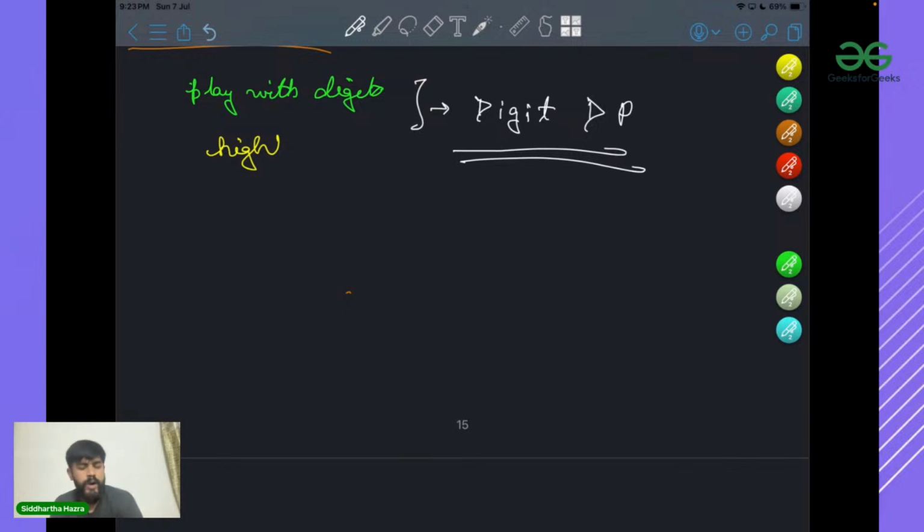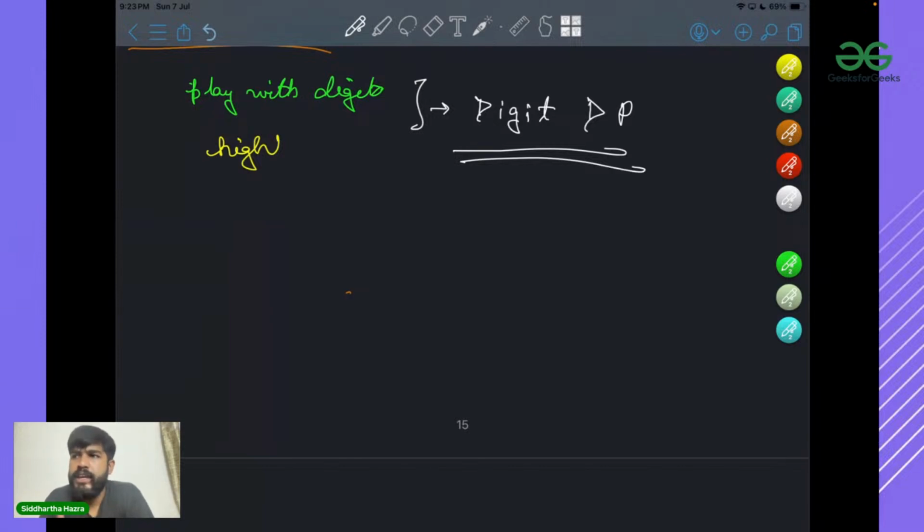Now, before I talk more about how to solve this problem using digit DP, I did a simple YouTube search for digit DP concepts, and I was not able to find a satisfactory video of an educator teaching digit DP in whole.